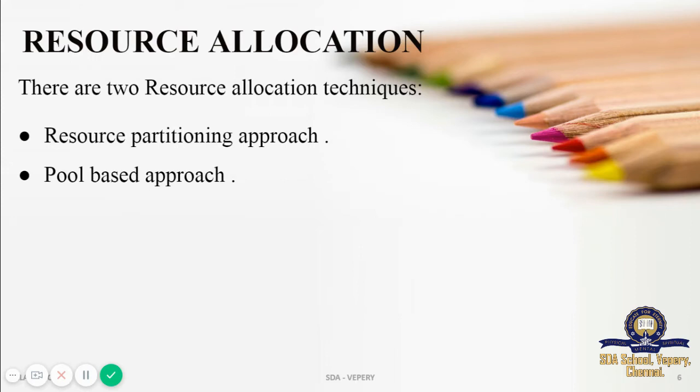Process number 2. So for this type of recurring problem, we go for the pool based approach. This pool based approach tells how the resources are allocated, and whenever the resources are free, they will be allocated to some process. So there won't be any clashes.